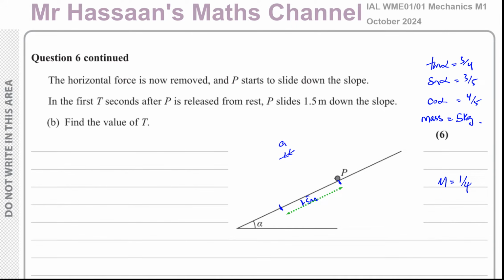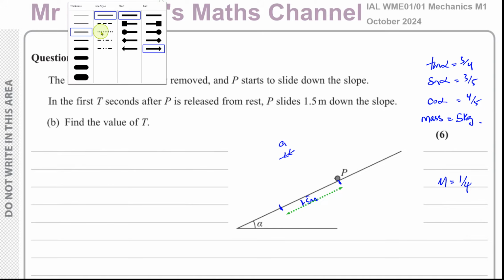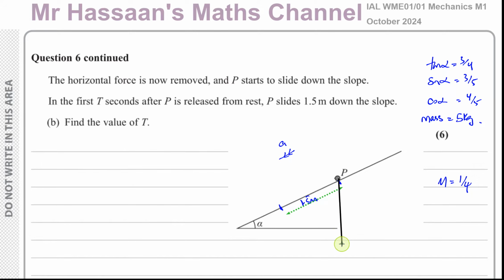So we're going to find the time it takes to slide 1.5 meters down the slope. What we've got to understand here is that the horizontal force has been removed. So we have its weight acting directly vertically downwards. You have the reaction force acting between the plane and the object, which is always perpendicular to the surface.